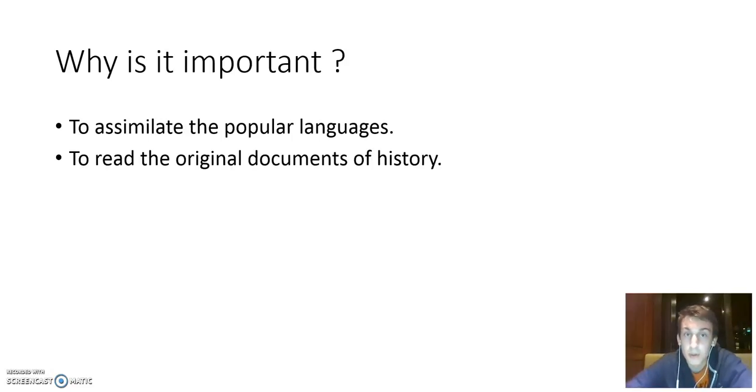It is an important language because in the case of learning Latin, we will find it much easier to assimilate popular languages such as English and Spanish, as you saw in the previous slides.